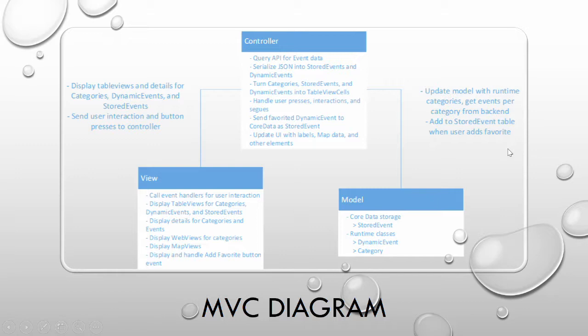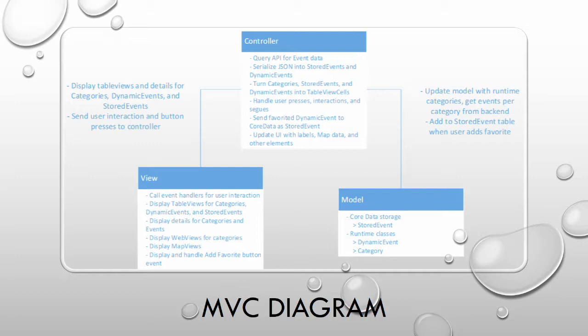In terms of the model view controller diagram, up at the top we have the controller, which is responsible for most of the work that takes from the view and stores something as part of the model. The view controls user interaction and calls event handlers in the controller to deal with whatever process the user might want to accomplish.